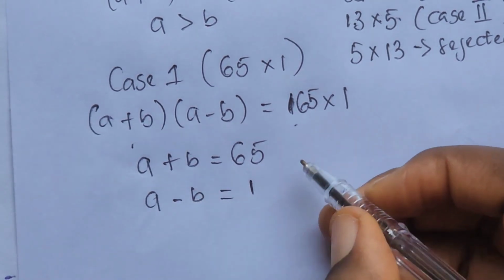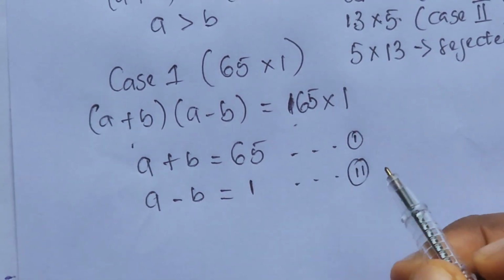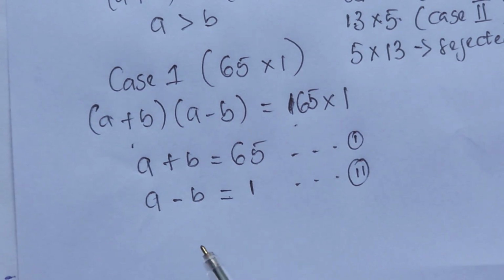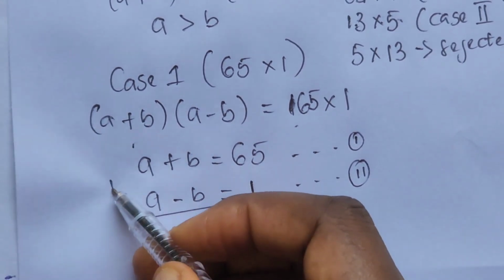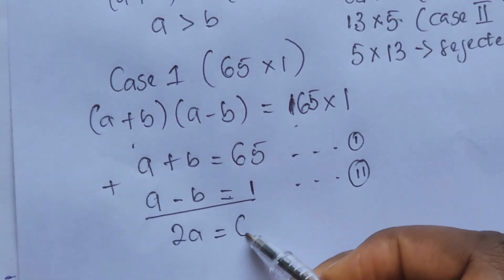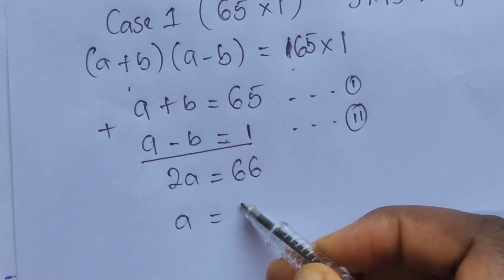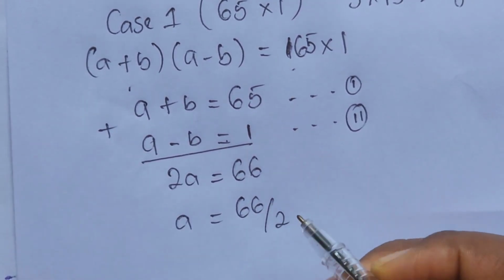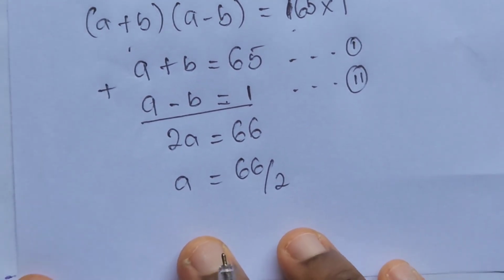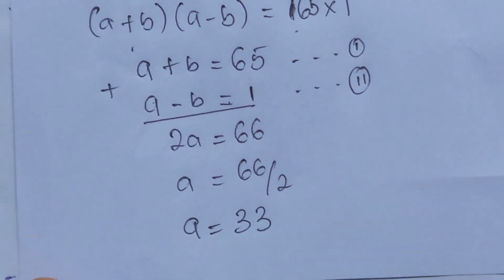Let's name this equation 1 and this equation 2. Adding these two equations, we have 2a to be equal to 66. So from here we have a to be equal to 66 over 2, and our a is equal to 33.